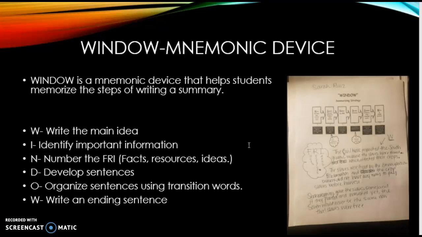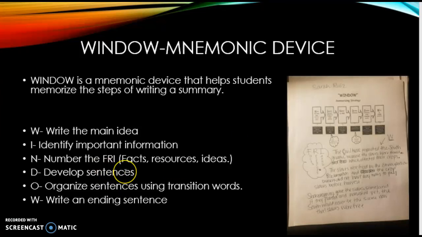For N, number the FRI, facts, resources, and ideas. We're going to take the stuff that we identified in the last stage, and we're going to number it to make it in a chronological order to where we can use this information.